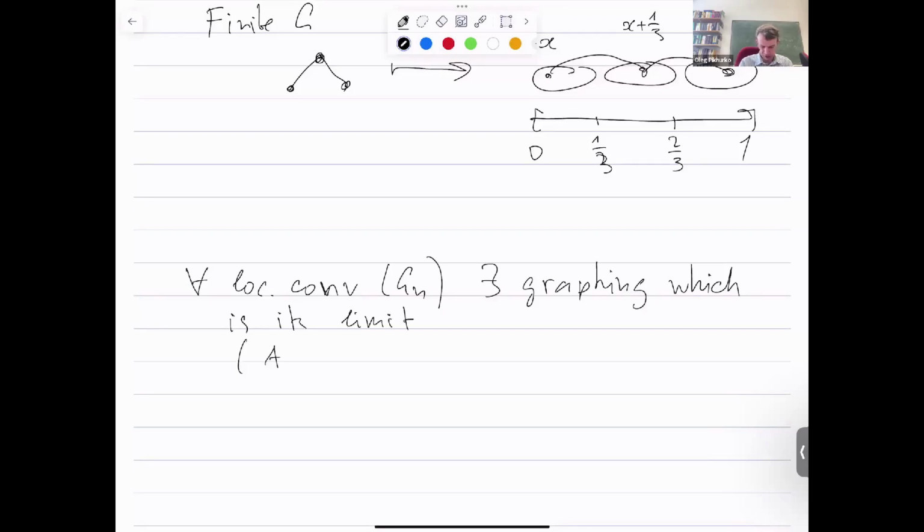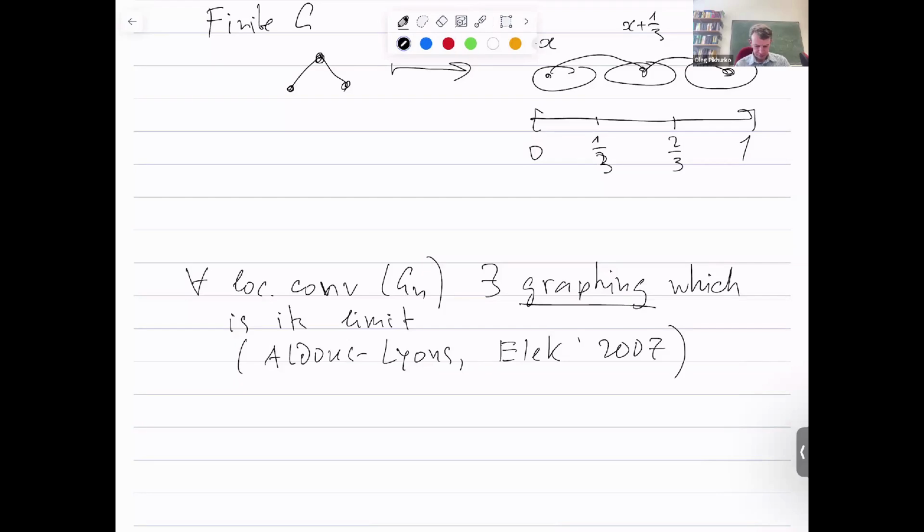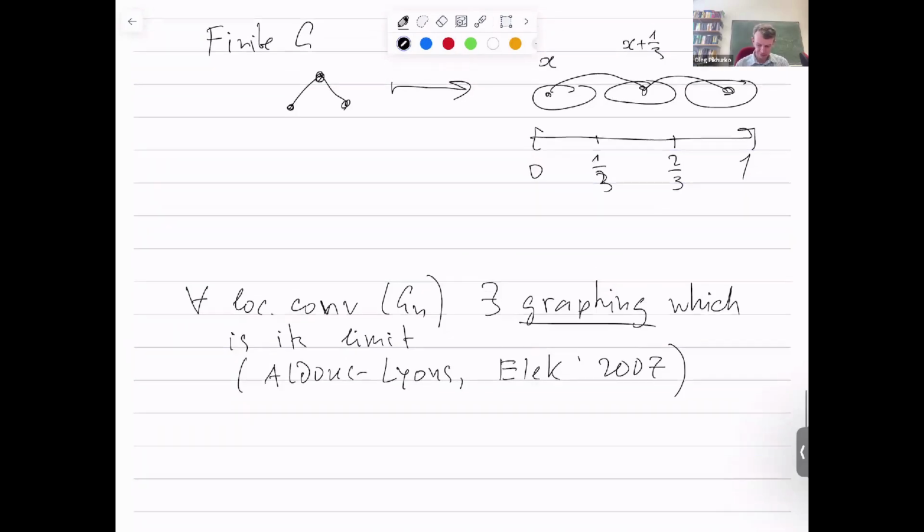This was proved by Aldous and Lyons and independently by Oleg. In 2007, I believe, both papers appeared.